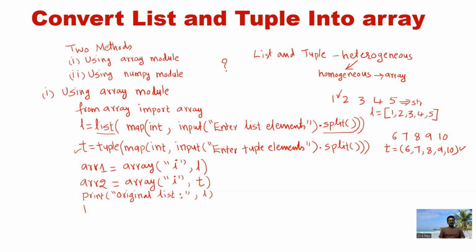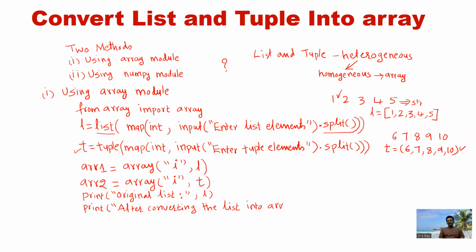Then after conversion, I print the array after converting the list into array.